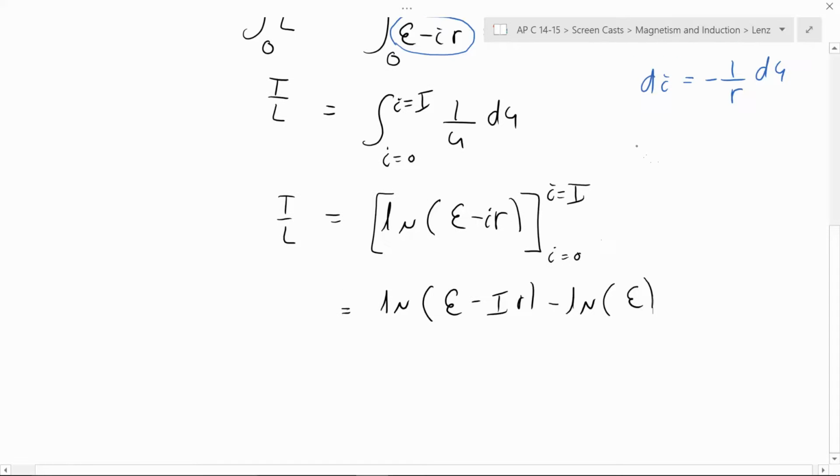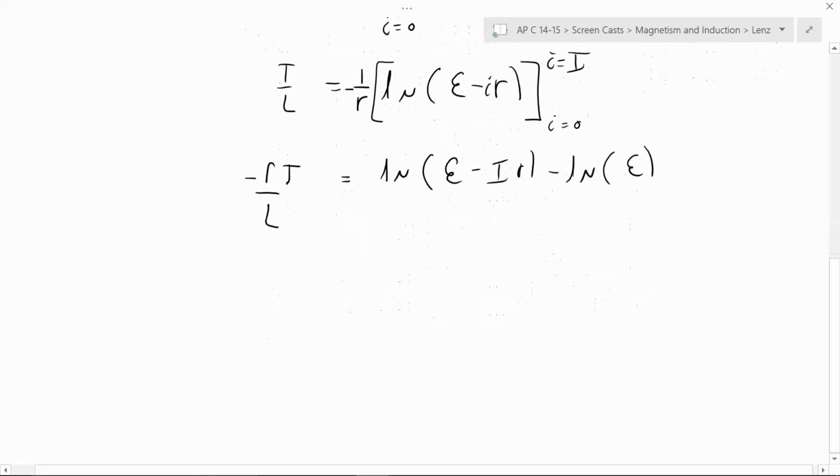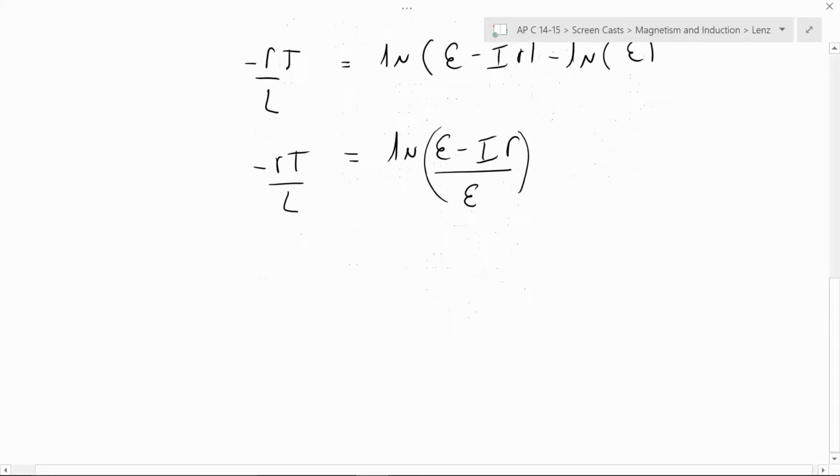I'm really not trying to be confusing, but I see what I did there. It was supposed to be 1 over R. I'm going to put it out here. And when I bring it over here, that's going to be T times negative R over L. And of course, log rules, this is the same as the ln of E minus IR over E. And then we're going to exponentiate both sides.